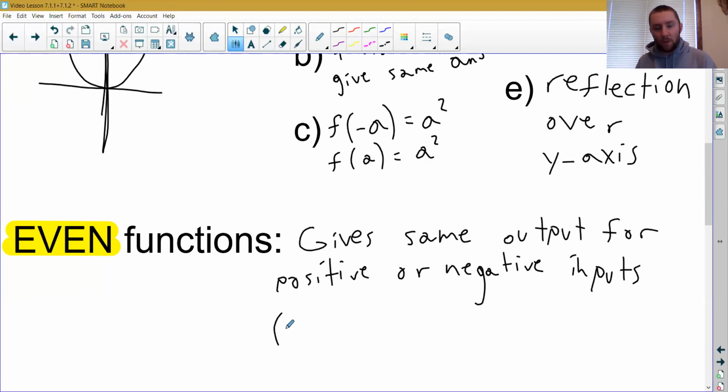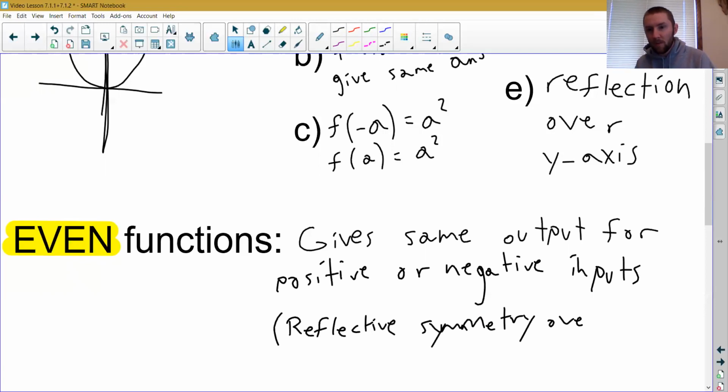And again, in parentheses, also has reflective symmetry over the y-axis. Okay, those are the two sort of distinguishing characteristics of even functions. Even if just one of them is true, you know that that thing is an even function, okay? Because they really mean the same thing. One is algebraic, one is on the graph, okay? That's an even function. Positive, negative gives you exactly the same answer, okay?